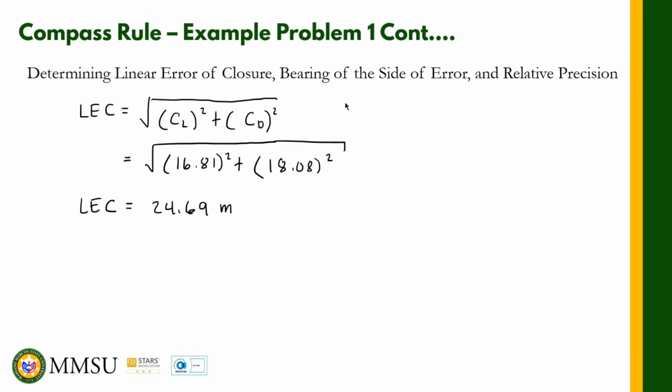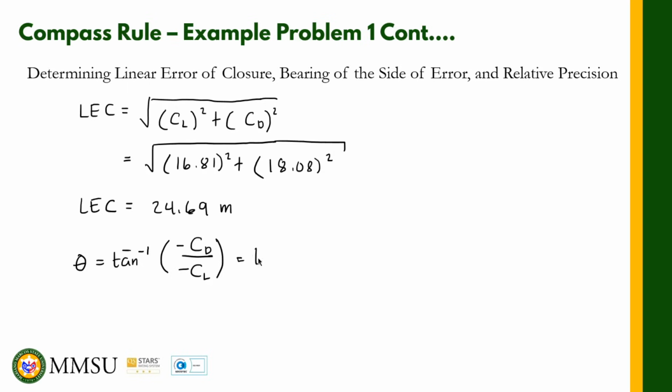Next, the bearing of the side of error naman, the bearing of the side of error, theta is equal to negative, the inverse tangent. Okay, wag niyo pansinin yung nasa taas na yan. Okay, so theta is the inverse tangent of negative CD over negative CL.